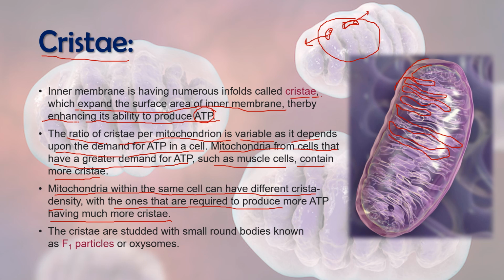So the mitochondria within the same cell can have different cristae density, and some that are required to produce more ATP have much more cristae. The cristae are studded with small round bodies known as F1 particles or oxysomes. These F0-F1 particles are responsible for oxidative phosphorylation.